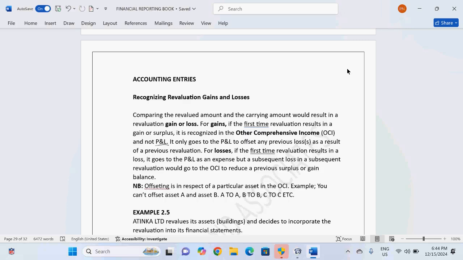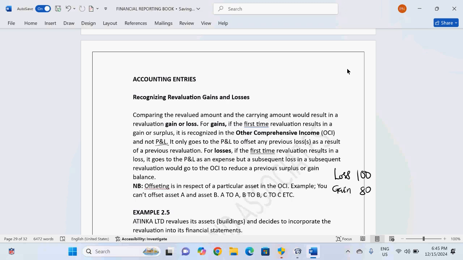Let's say the first revaluation resulted in a loss of say 100, and then now you did another revaluation and you are getting a gain of say 80. The whole of this 80 would go to the P&L, because whenever we get a loss, the loss goes to the P&L, of course. And when it goes to the P&L, it is waiting for a surplus from a subsequent revaluation.